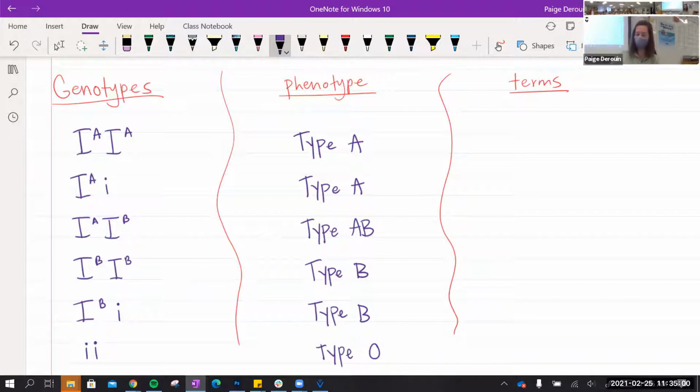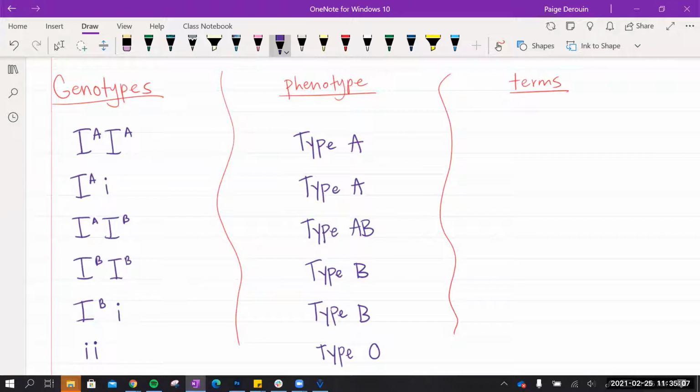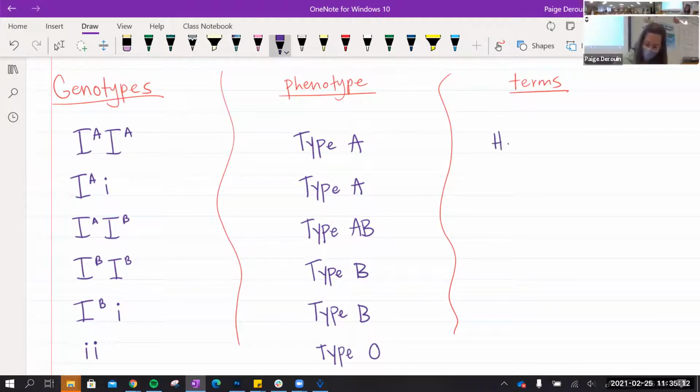And then to fill in our terms, two of the same letter is always, what's the term for that? Homozygous, good. So I'm going to write H dominant. That stands for homozygous, and that's the same for two big B's. If you have two different letters, what's that called?